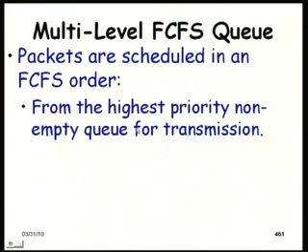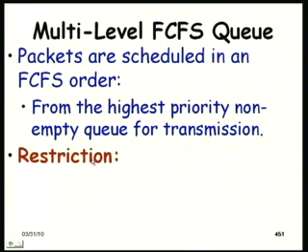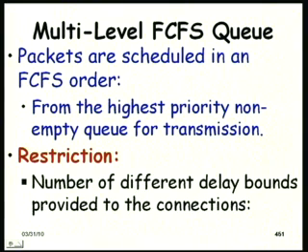Once packets are queued in the FCFS queue, they just follow the FCFS order, and the transmission begins from the highest priority queue. If the highest priority queue is empty, then the next one is taken for transmission.